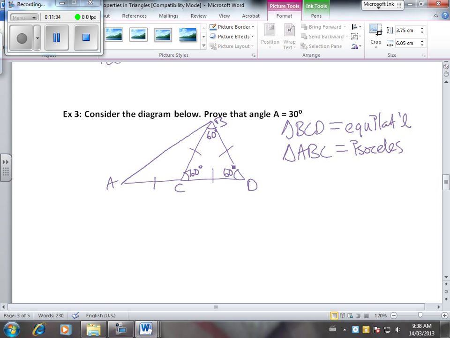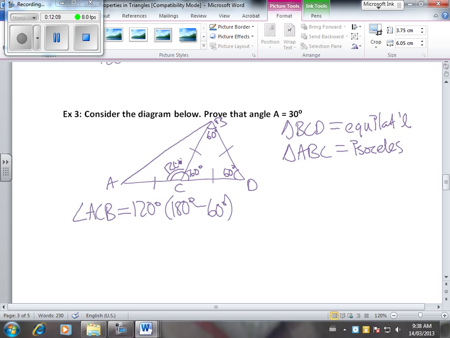And then we can find this angle here, angle ACB, will equal 120 degrees because it's 180 degrees minus 60 degrees, because angle ACB and BCD are supplementary. And this angle ACB counts as an exterior angle to triangle BCD.